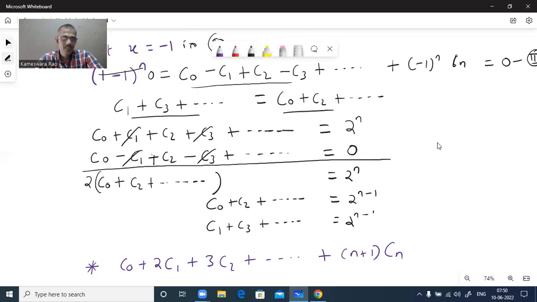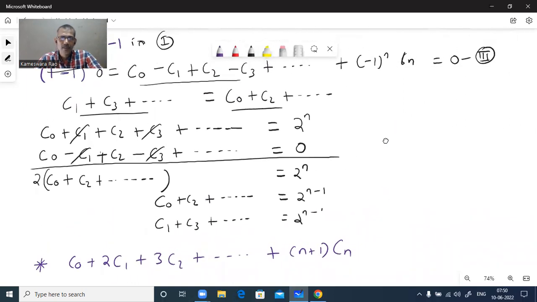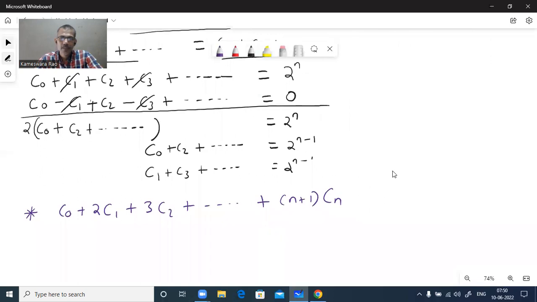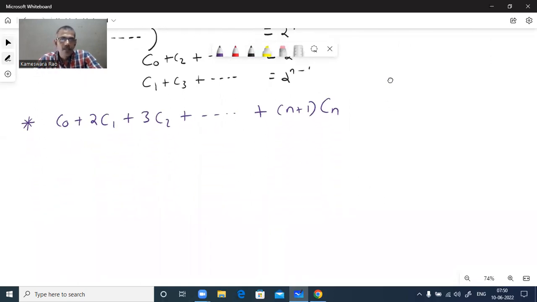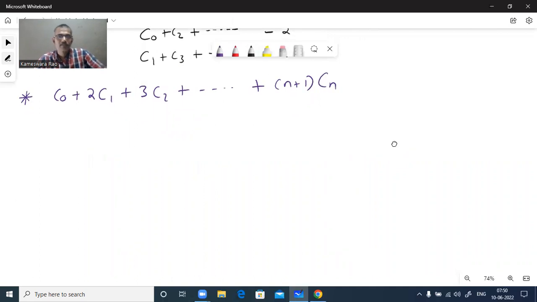Using the sum of the binomial coefficients, we can find formulas for others also. One good example we'll take, an ideal example. Here we cannot find it directly, we have to do some manipulations. We know the formula for the sum of binomial coefficients.